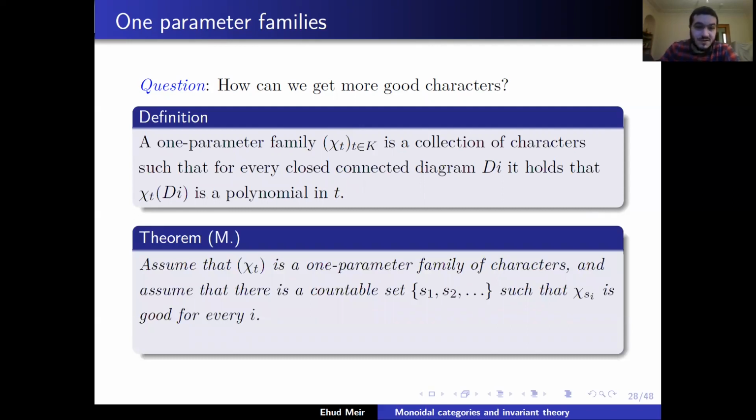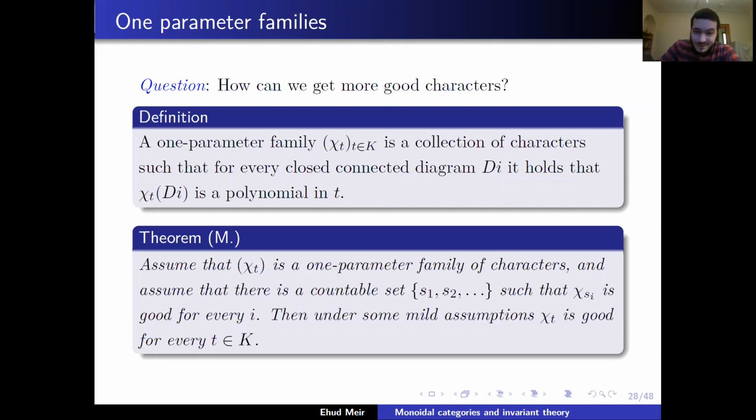Okay, so here's what I could prove. Assume that Chi_T is a one parameter family of characters. Assume also that there is a countable set S1, S2, and so on, such that Chi_{S_i} is good for every i. Then, under some mild assumptions, which I will not tell you here, Chi_T is good for every T in K. So this enables us to pass from just a countable set to an uncountable, or infinite, set of such characters.